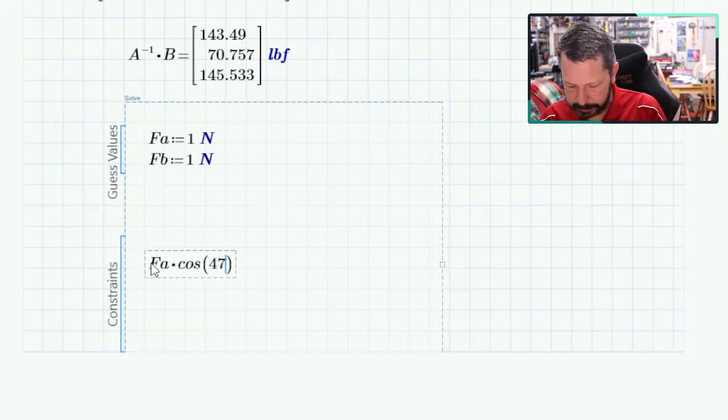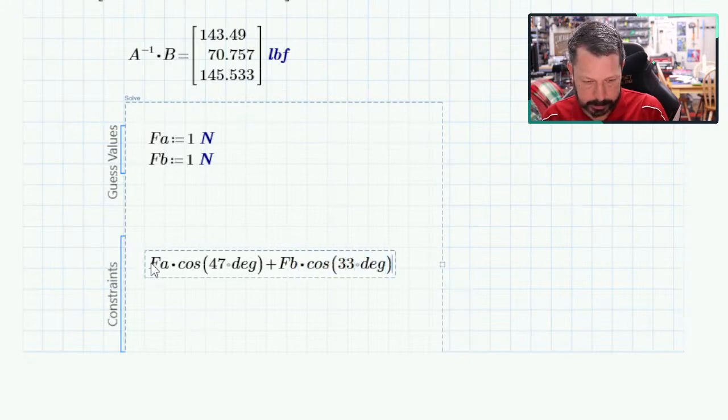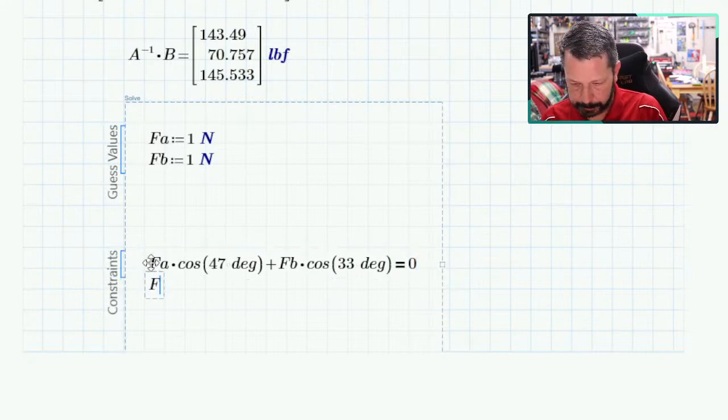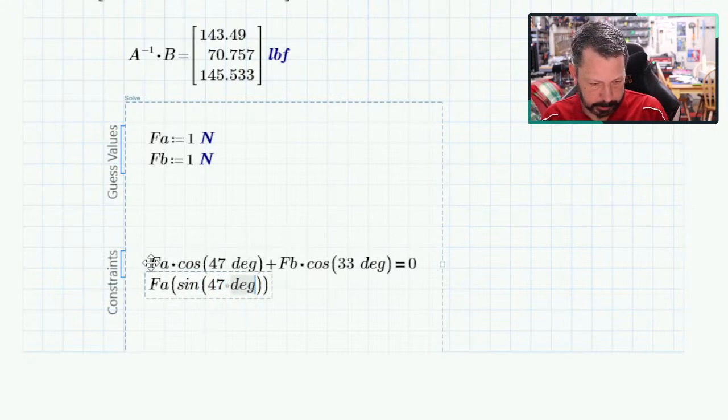Cosine of 47. You have to specify that it's degrees in MathCAD because otherwise it'll think it's radians. FB times cosine 33 degrees. Control equals, to show it as a symbolic equation, FA times sine of 47 degrees. Got some extra parentheses, but it's fine.